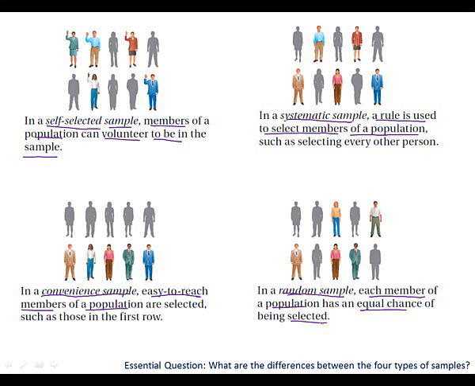Okay? Probably the closer we can get a survey to a random, probably the better. But you know, sometimes we have purpose in doing a self-selected or a systematic or a convenient sample. Okay? So I can just put random down for everything? No, you cannot put random down for everything.